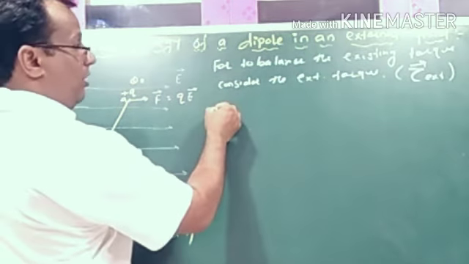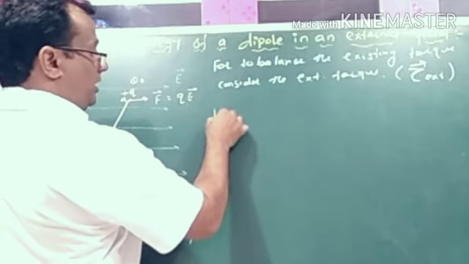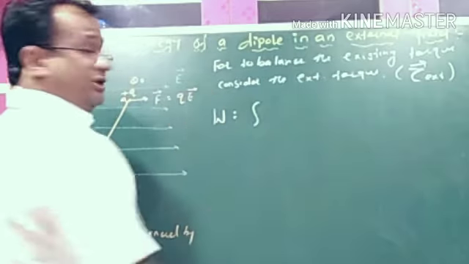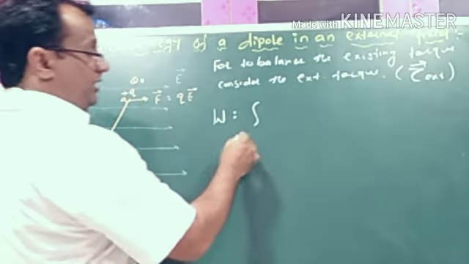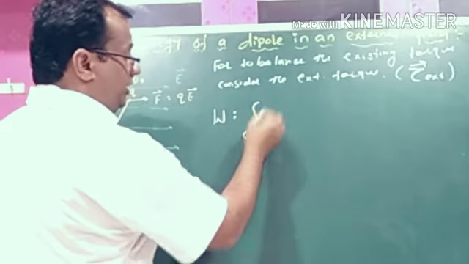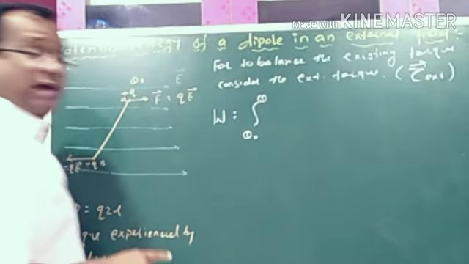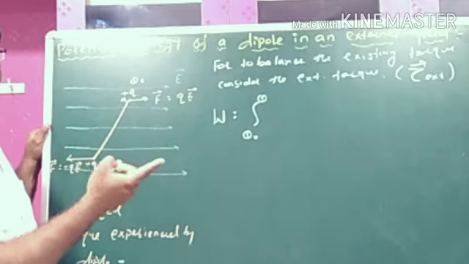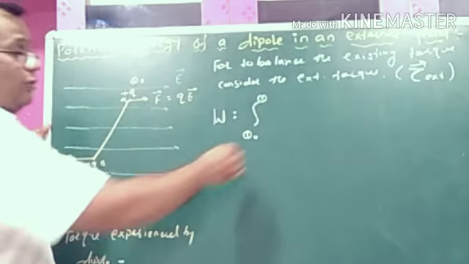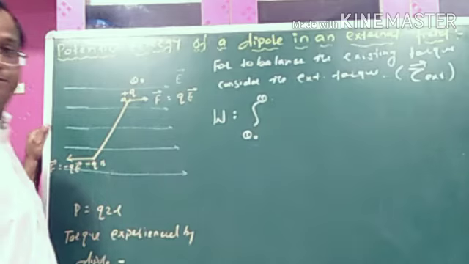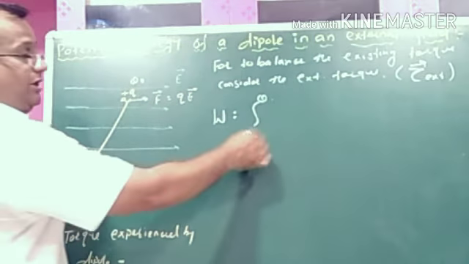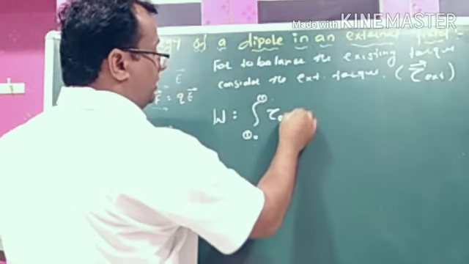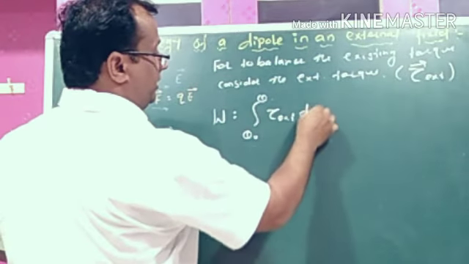The work done is the integration from angle theta 0 to theta, it means the dipole is displaced, that is, its angular displacement is from theta 0 to theta, of tau external d theta.